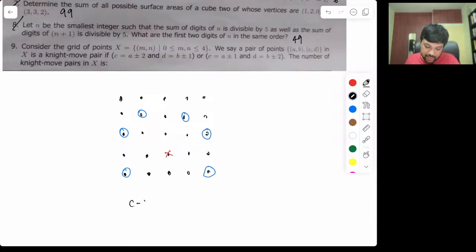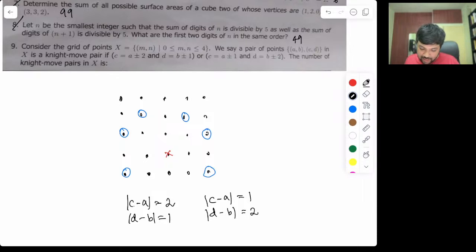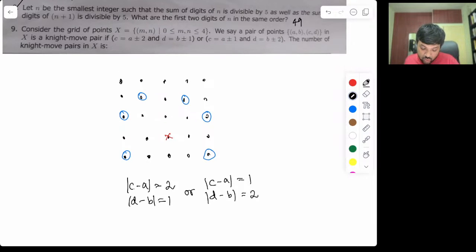I mean, mod C minus A is equal to 2 and mod D minus B is equal to 1 as one possible case. The other is mod C minus A is equal to 1 and mod D minus B is equal to 2. Right? So if I write it like this, does it help? This or this? So that seems better, right?